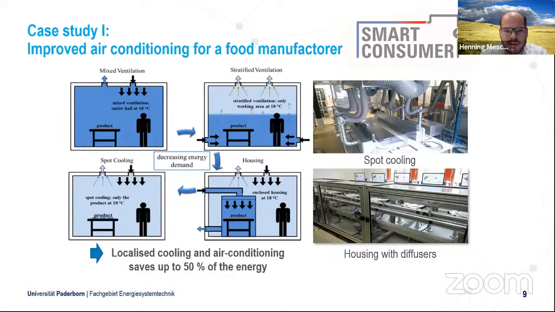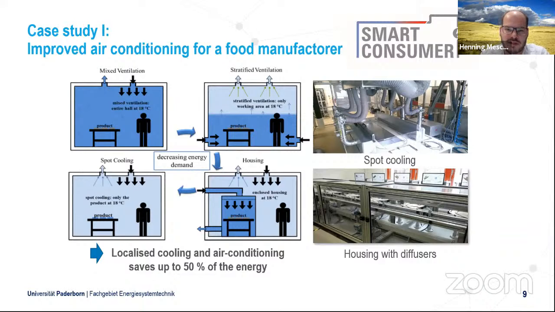The first is about an air conditioning system, and that was a manufacturer of chocolate bars, TS transportation system, where the chocolate was transported and it was open. So they have to cool down the total hall to a certain temperature, to about 18 degrees, only for the product.